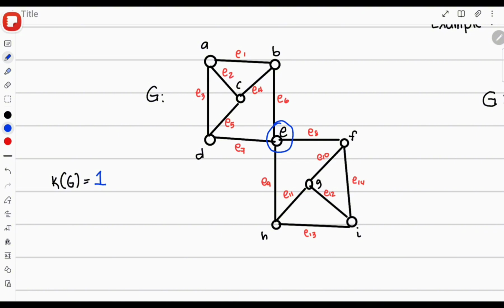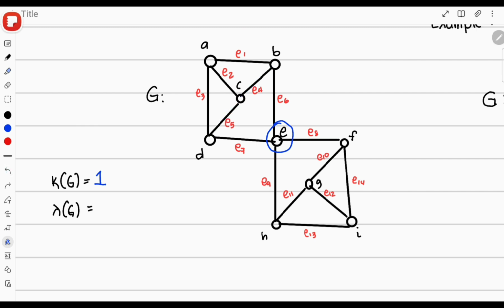And now let's get the value of lambda of G. It is the minimum number of edges to disconnect the graph. Here, if we remove other edges, let's say this one and this one, the graph is not disconnected.